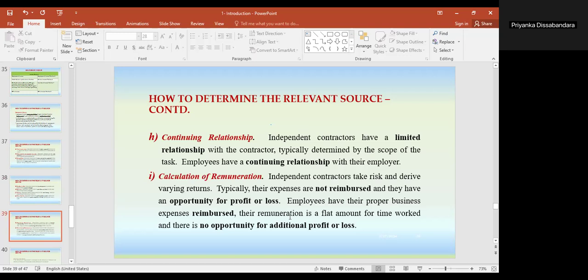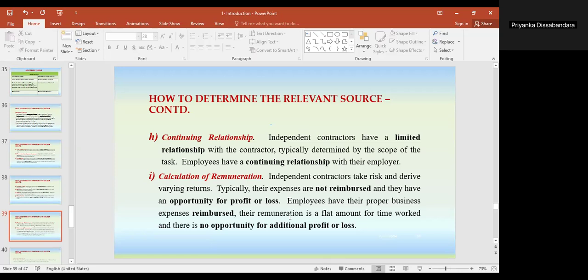But typically determined by the scope of the task. Employees have a continuing relationship with their employers, not only for 1 week, not only for a month, not only for years, sometimes more than 30 years, we can work for one employer. Continuing relationship. The next one is calculation of remuneration.